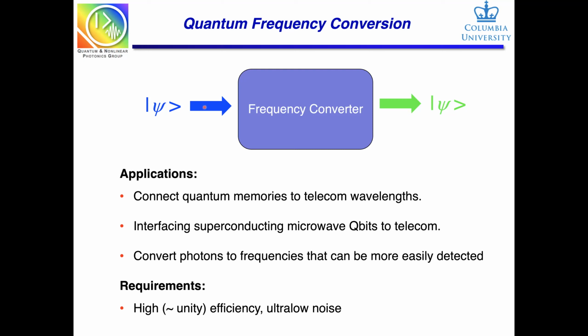You want to do this with incredibly high efficiency, 100% or as close to it as you can get, and with very low noise. Of course, the key part is you want to preserve the fidelity of the quantum state. That is, if I put in a single photon state here, I want it to be a single photon, but maybe I have a more complicated state.